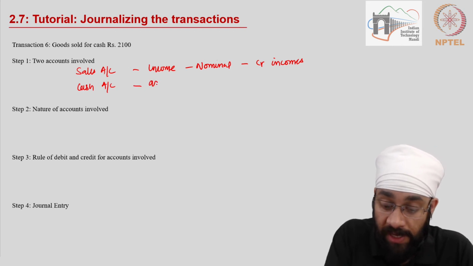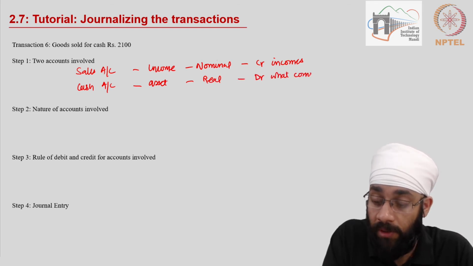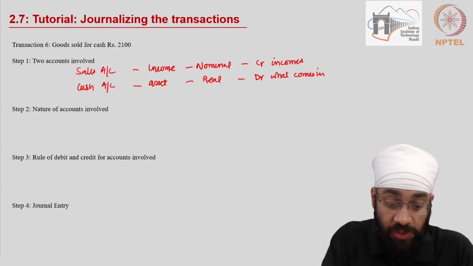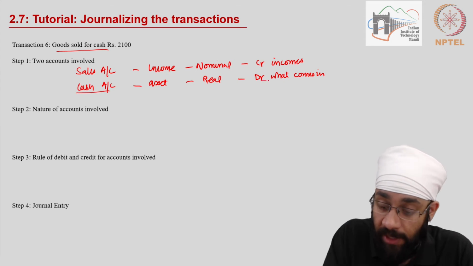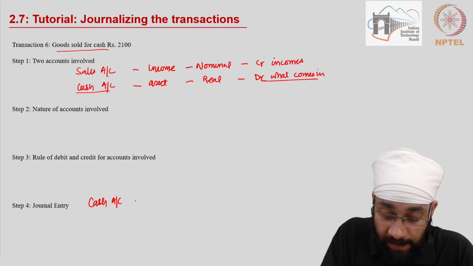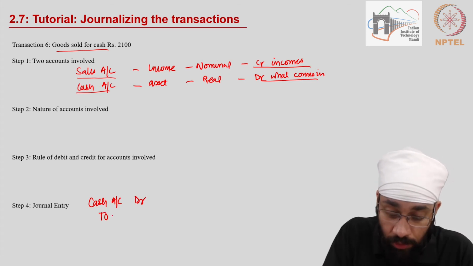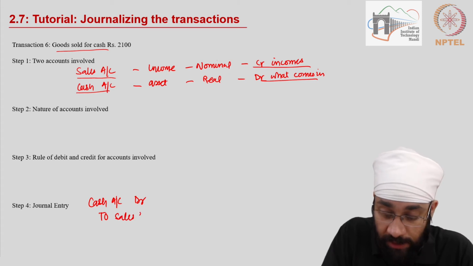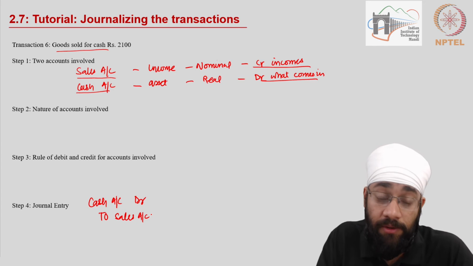Cash is an asset, it is a real account, and you debit what comes in. Using this logic, you are selling goods, the cash is coming in, so you debit cash account, and sale is an income, you credit it to sales account. There you go. That is the cash sale transaction.